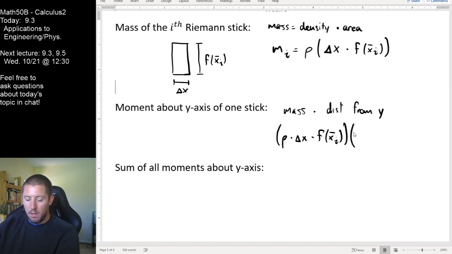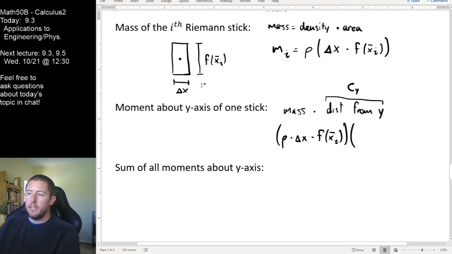That's our mass term. And what is our distance from the y-axis? In this case, this right here is our centroid's y location right there. We decided that our distance from the moment to here was only 1/2 of x bar sub i.